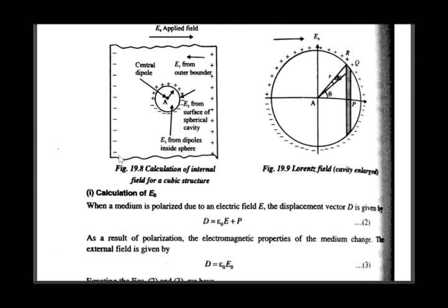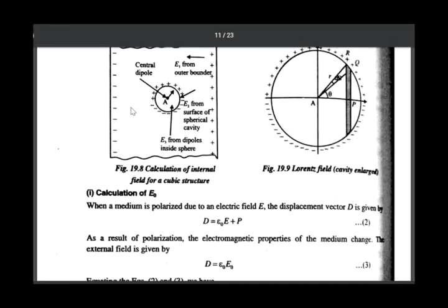Now look at this diagram. I will explain this. These are two parallel plates of the capacitor and this is a dielectric. Dielectric material is placed between the two parallel plates.